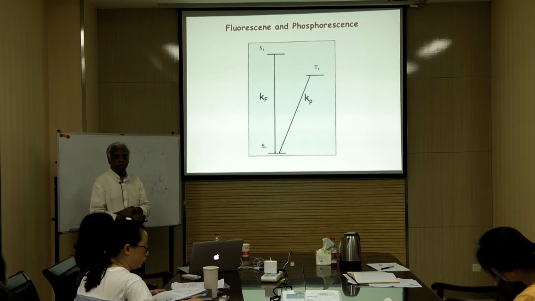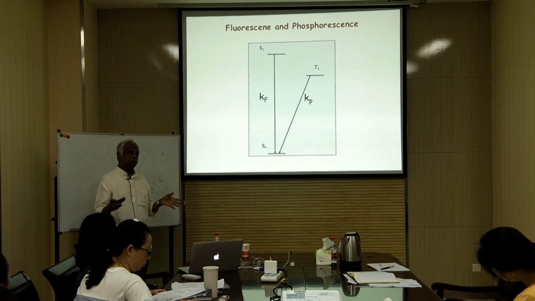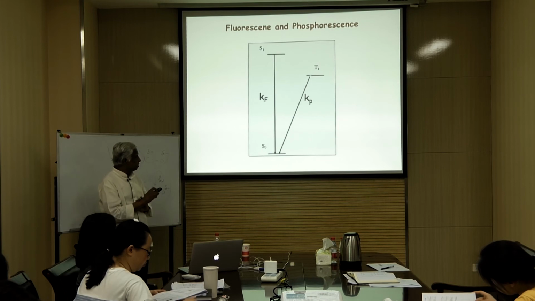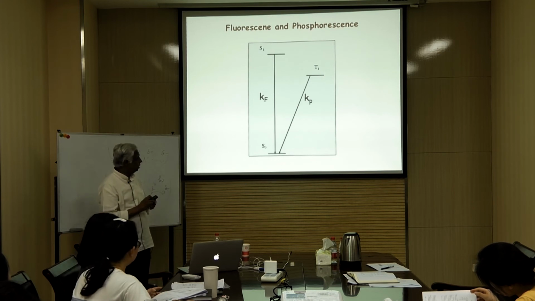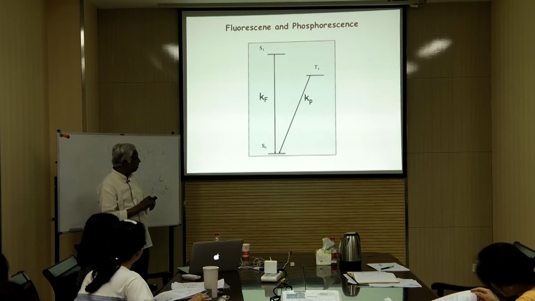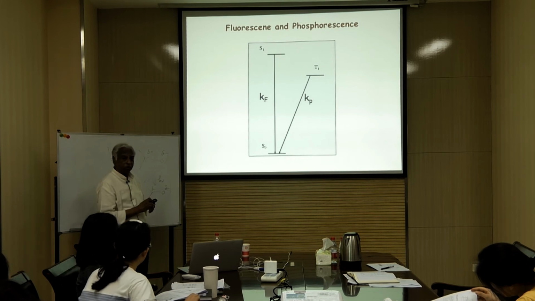That emission is called phosphorescence. Okay? So there are two emissions, fluorescence and phosphorescence. And the phosphorescence from here to here also requires a change in the spin, so this rate constant is going to be very small.